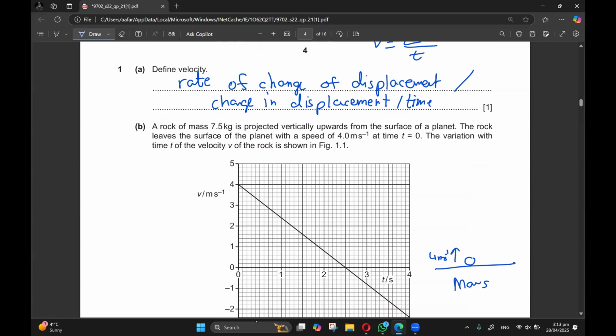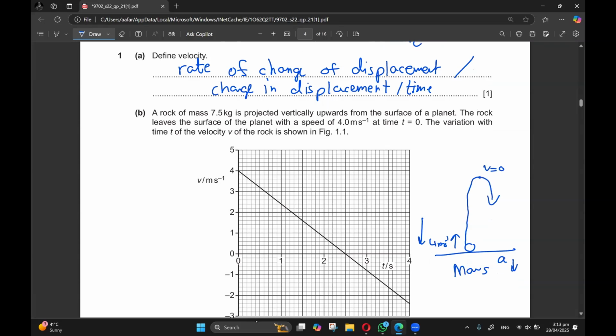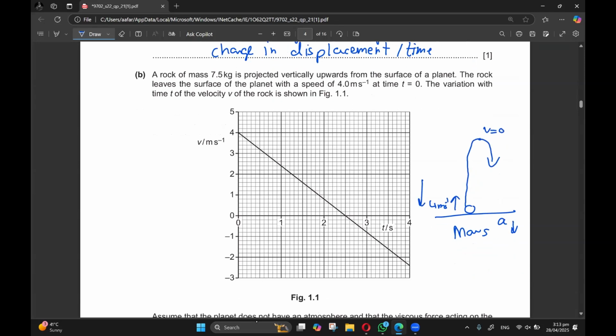As it goes upwards, it has an acceleration downwards due to gravity, which is different than 9.81 since it's another planet. As it moves, its velocity decreases since it's accelerating downwards. At its maximum height, it's going to have zero velocity, and then it's going to come back. Similarly, if you throw a rock on Earth, that's what you get.